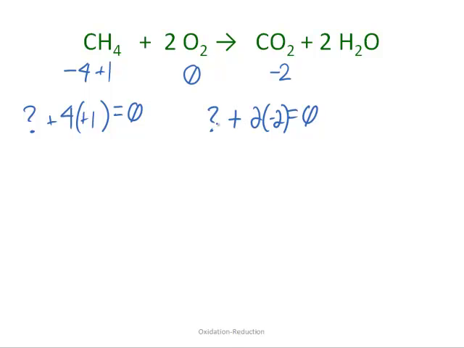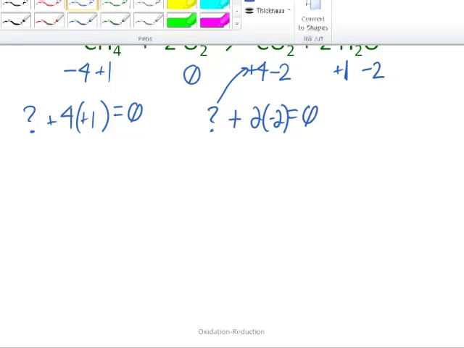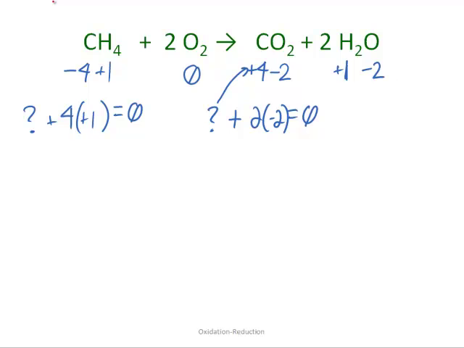So now we can use a little bit of simple algebra to determine the charge on the carbon atom, and that will be +4 in this case. And of course, if oxygen is -2, that means hydrogen is +1.